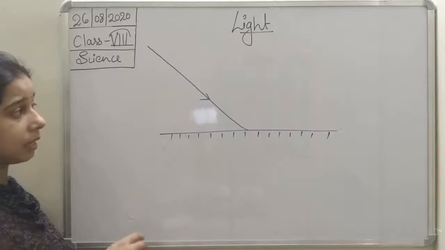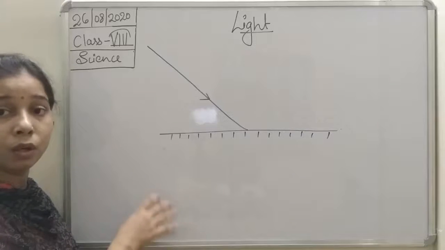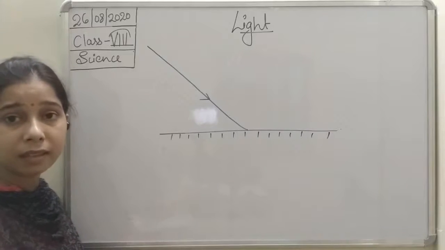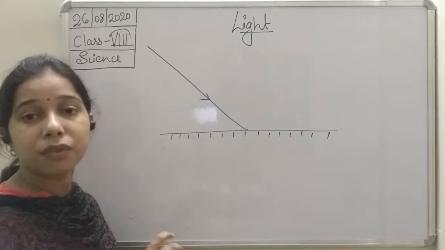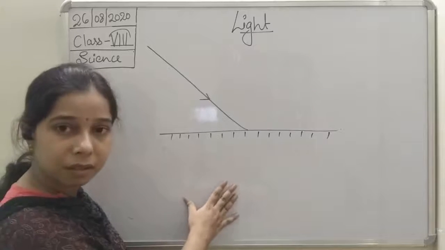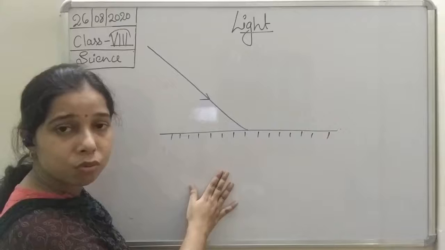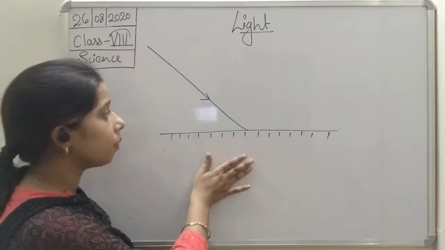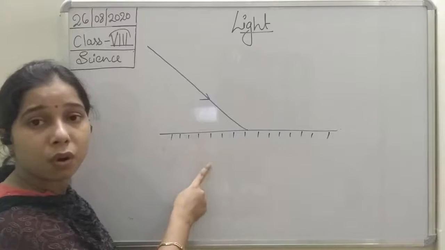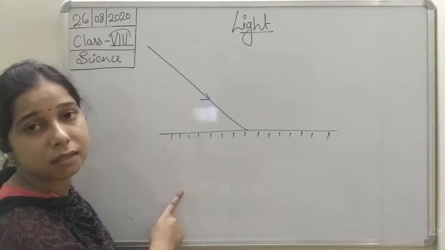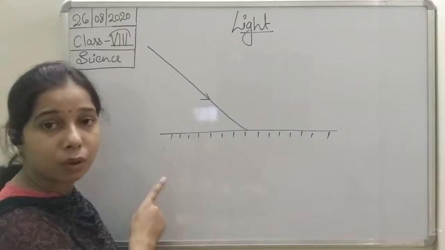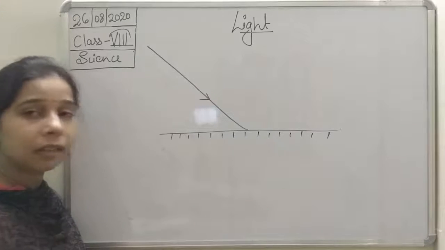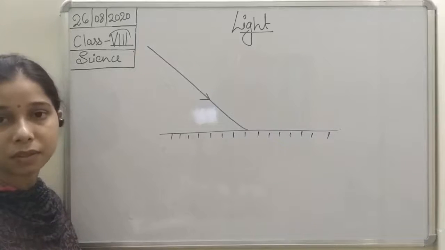Okay, so we can say that the ray of light which falls or strikes the surface of the mirror, here we are taking a mirror, or on the smooth surface, you can say anything, that is known as the incident ray.